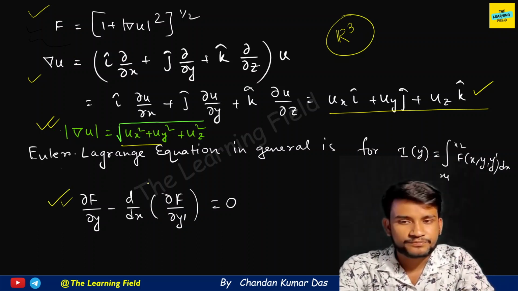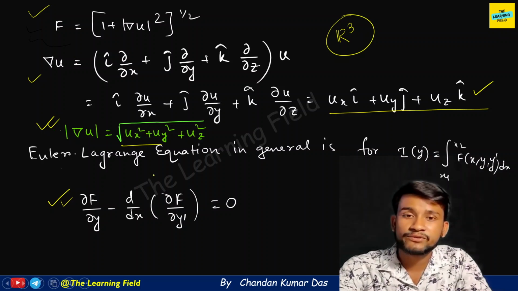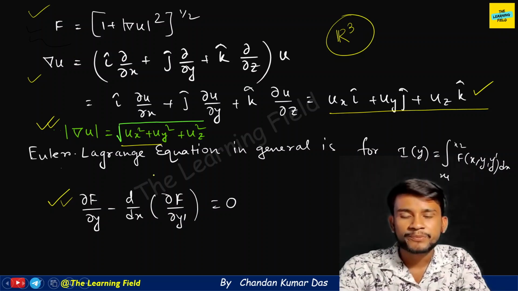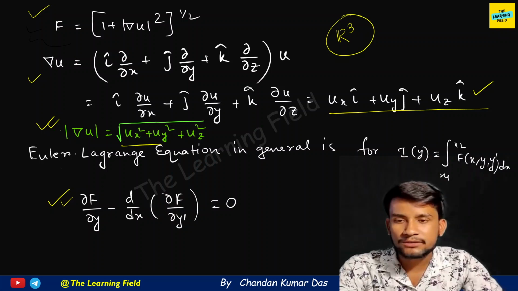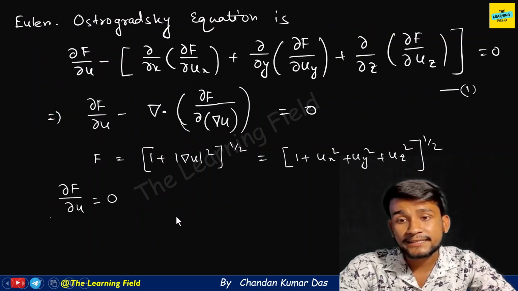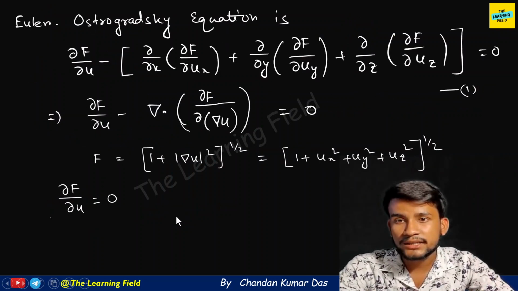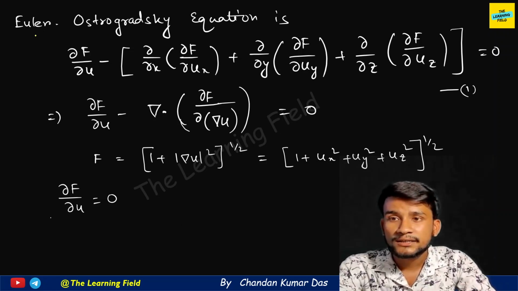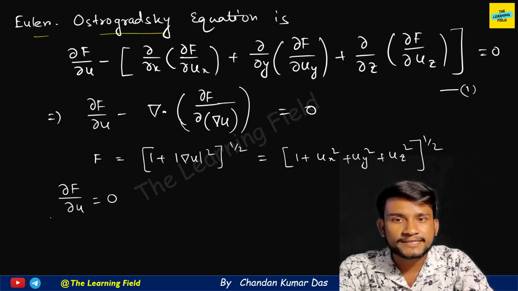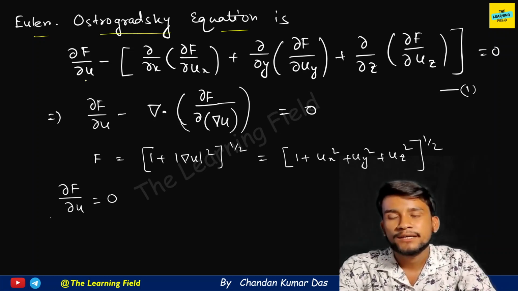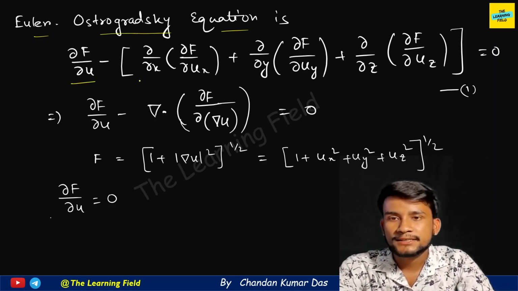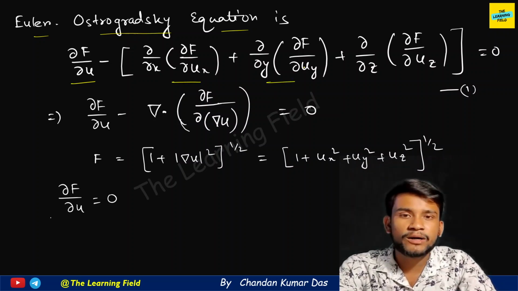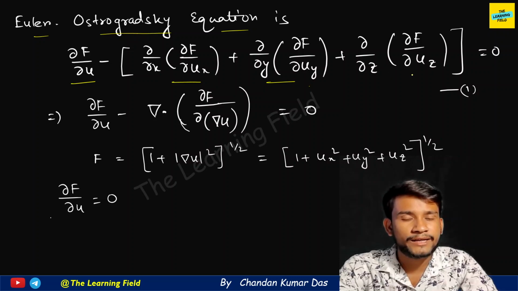Now this is the simple Euler-Lagrange equation. I just write it here to understand the difference between these two Euler equations. In case of space, we write the extension of this Euler-Lagrange equation, and we call it the Euler-Ostrogradsky equation, which is del f del u minus del by del x of del f del ux plus del by del y of del f del uy plus del by del z of del f del uz.